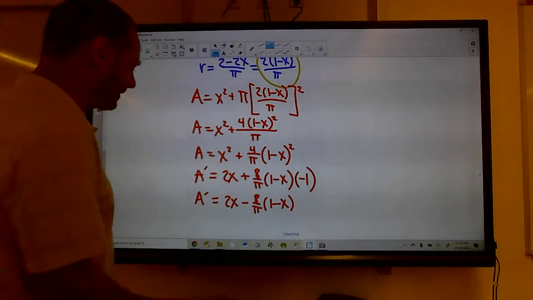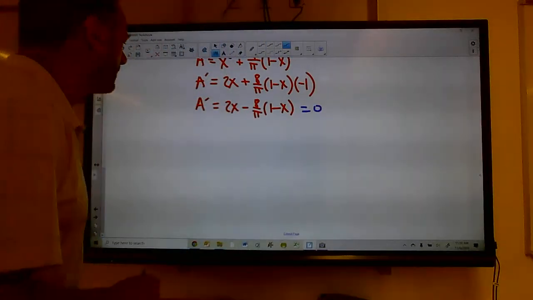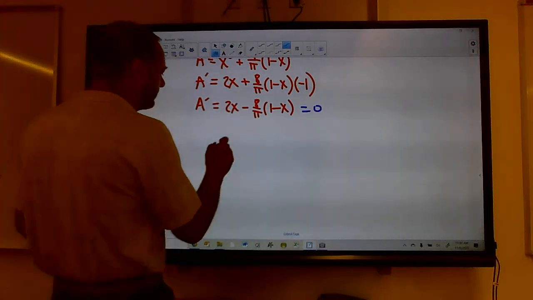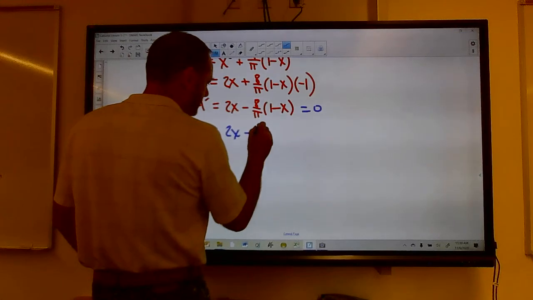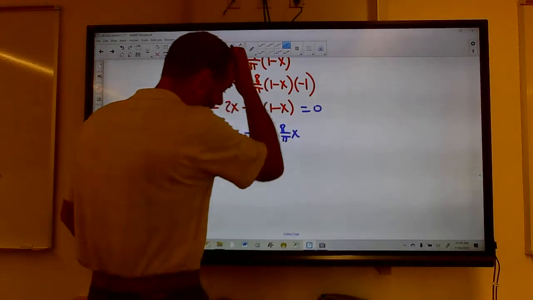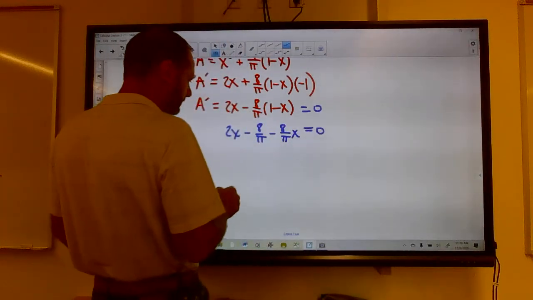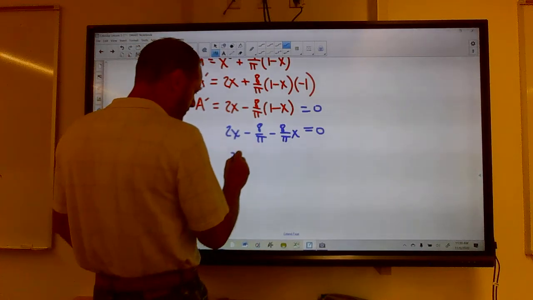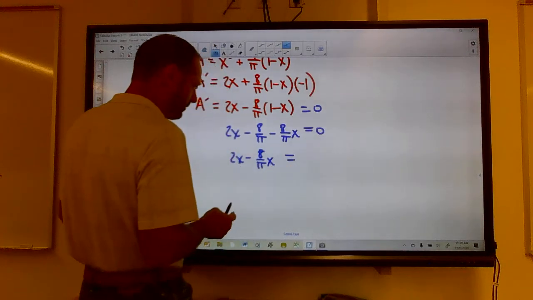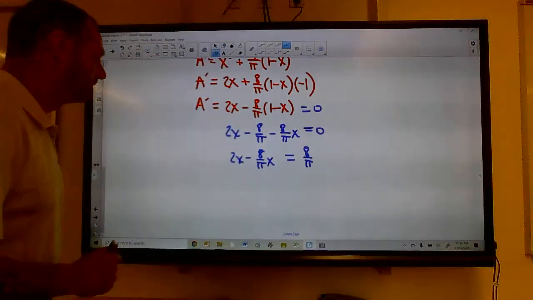So I would have to set that equal to 0. So 2x minus 8 over pi minus 8 over pi x, if I distribute that, would equal 0. 2x minus 8 over pi x would equal 8 over pi if I move this 8 over pi to the other side.